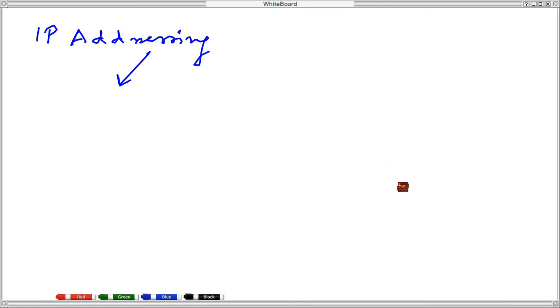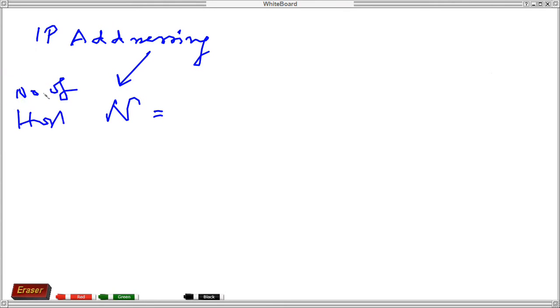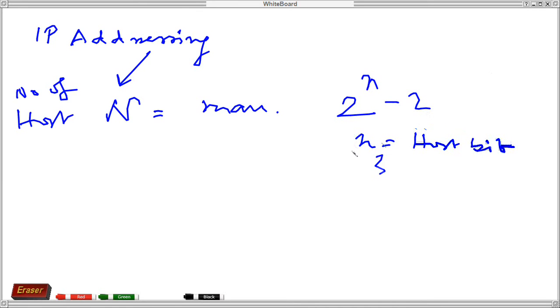Let me tell you the formula. Whenever we calculate, we take a block size which is 2 to the power n, where n is the number of host bits, and the number of hosts is at most 2 to the power n minus 2. So 32 minus n is the network bits.